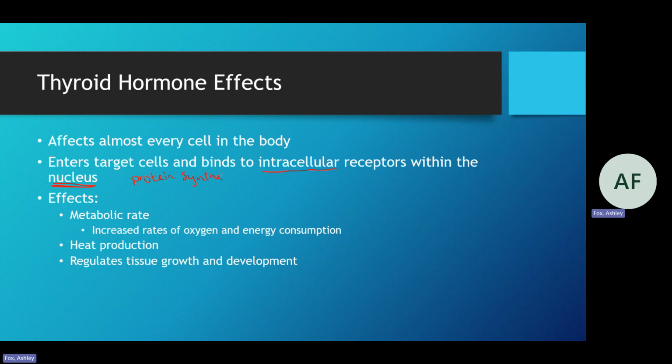So the effect of thyroid hormone is to increase the metabolic rate. It also goes to the mitochondria to increase ATP production. To make a large amount of ATP in the mitochondria, you have to have oxygen.